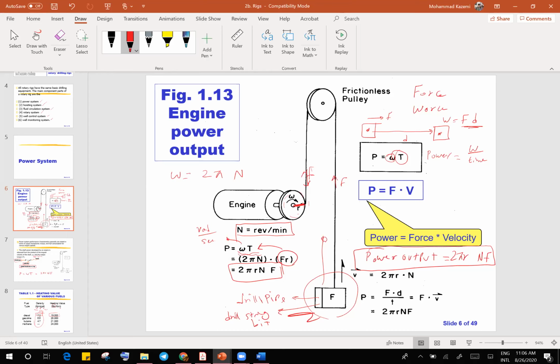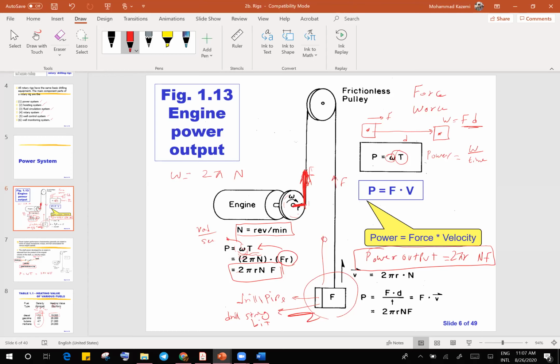And torque is this force that is trying to rotate the shaft multiplied by the radius of the shaft. Also omega is 2 pi N, where N is revolutions per minute, right? How fast this shaft is rotating. Anyway, that's the input power.